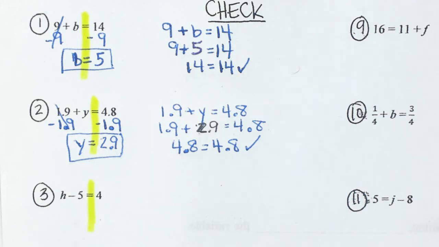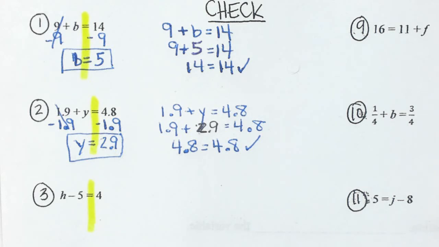Try 3 and 4. Keep going. So you tell me, is 1 minus 5 4? You're not the only one who's done that. Whatever you get for your variable should work. So if on number 3 you got a 1, think about it.